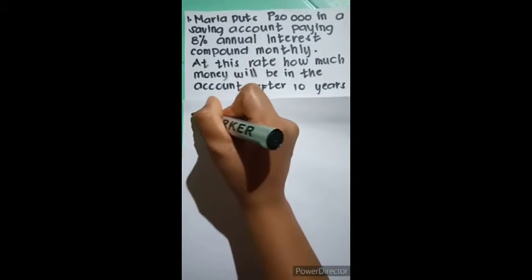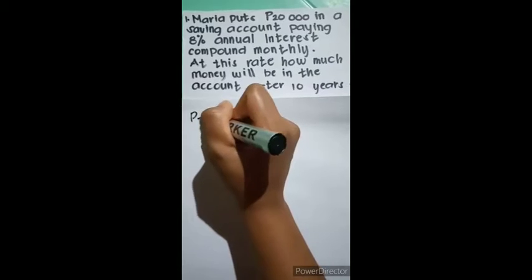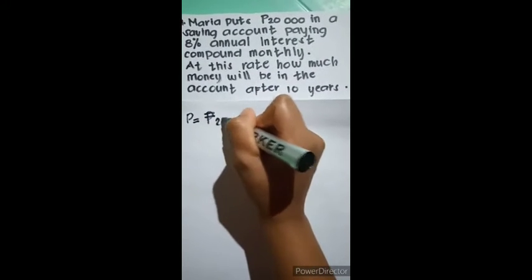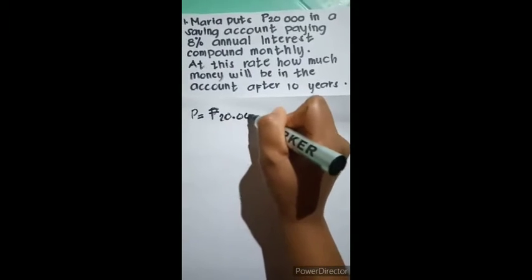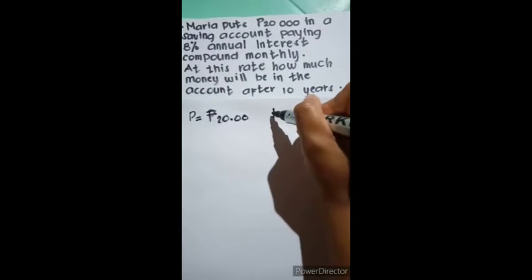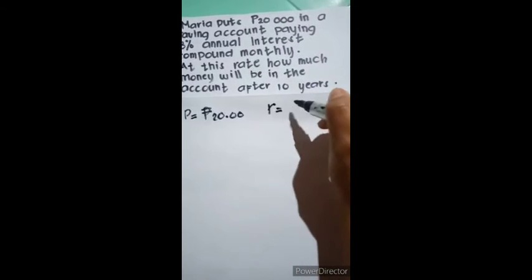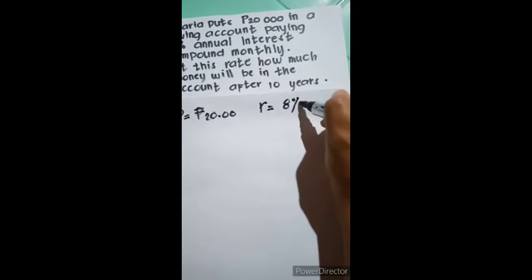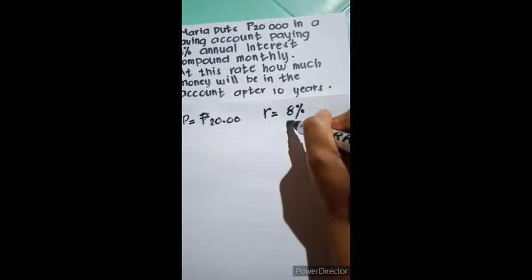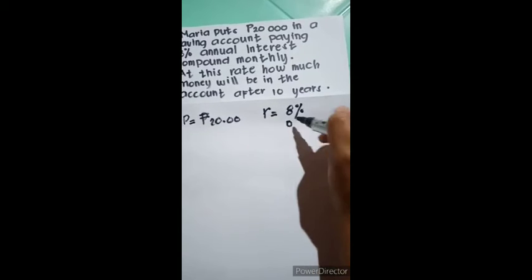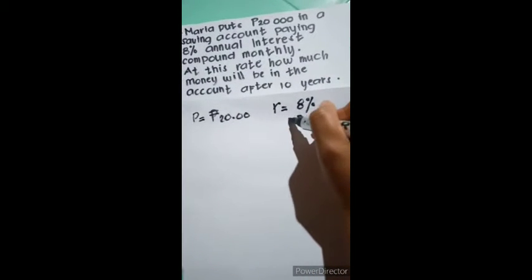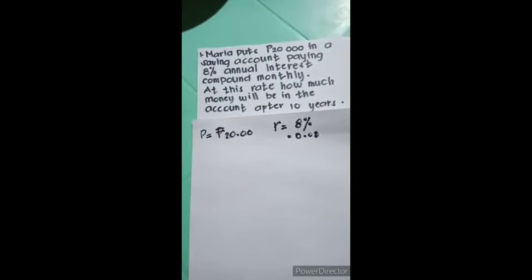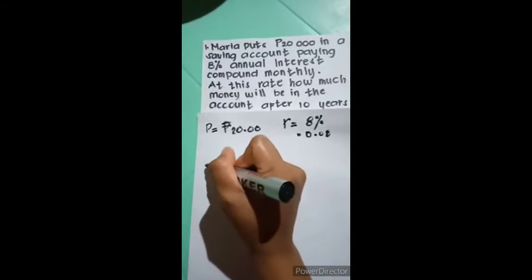So the principal is 20,000. Rate is 8%, or 0.08. Time is 10 years.